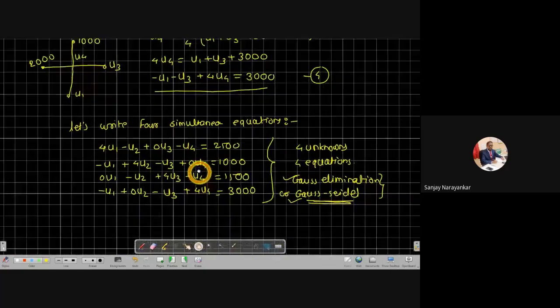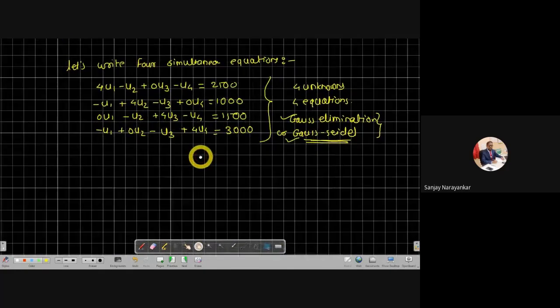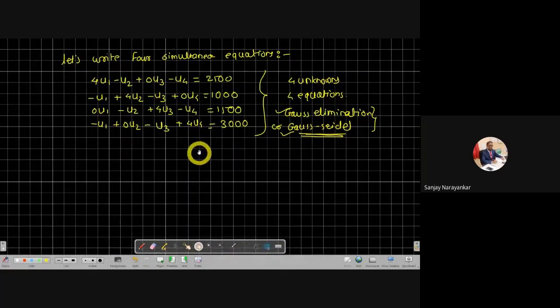There should not be any challenge to write this equation using Poisson and Laplace, right? But the challenge is to get the values of U1, U2, U3, U4. And here, the remaining marks are allotted for Gauss-Seidel or Gauss elimination. So there will be marks for the steps, and a few marks for representing your final answers. Right? So here I'm using Gauss-Seidel.